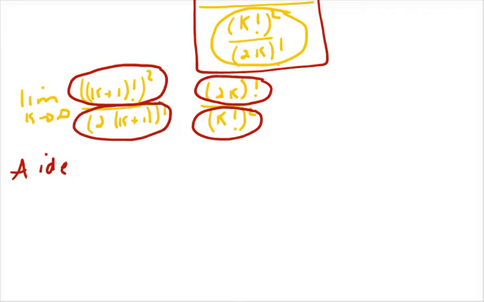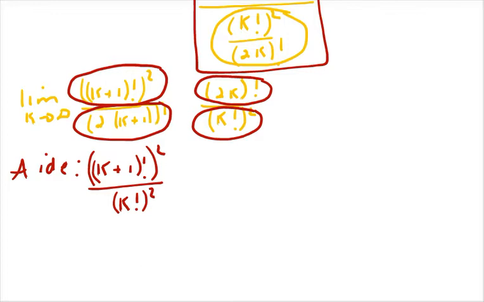They have like terms, so I want to make a ratio of those individual pieces and work on them. So the first one I want to look at is (k plus 1) factorial squared, and I'm going to divide it by (k factorial) squared.